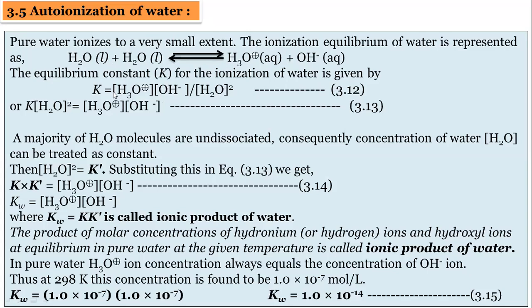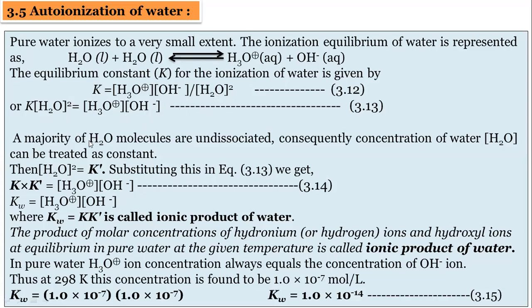So this K is equal to H3O plus multiplied by OH minus divided by H2O square. So this H2O square, when it is multiplied to the left hand side, it will be K into H2O square is equal to H3O plus and OH minus. Only in this step we have multiplied this H2O square, it is taken into the left hand side.